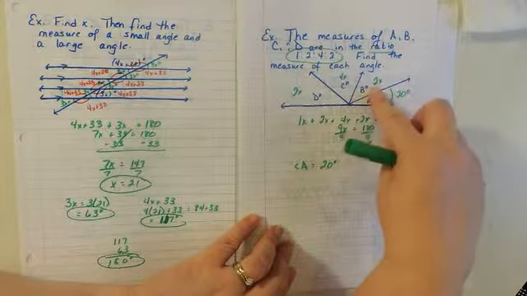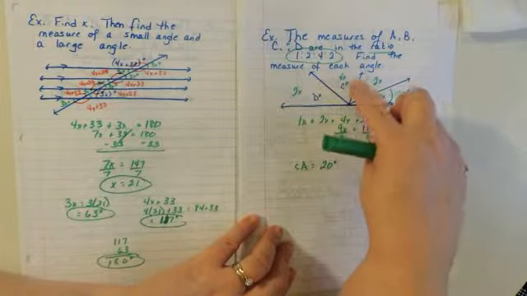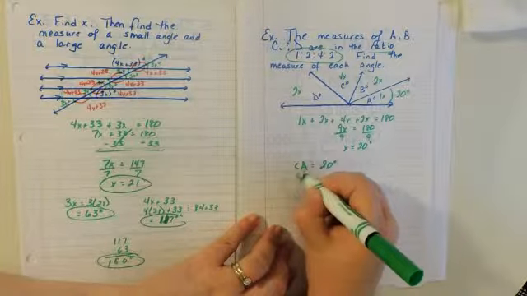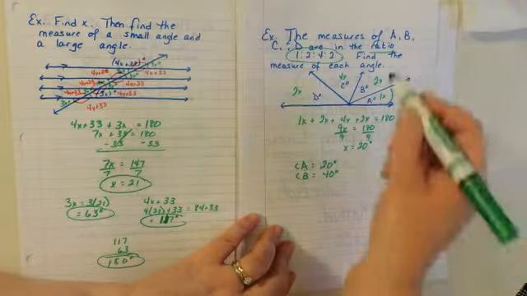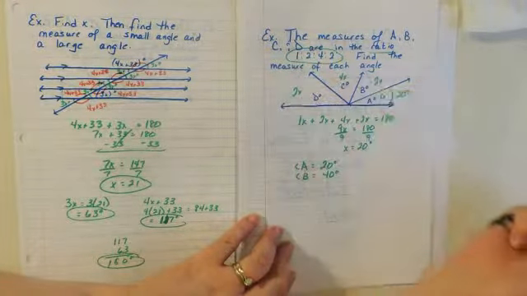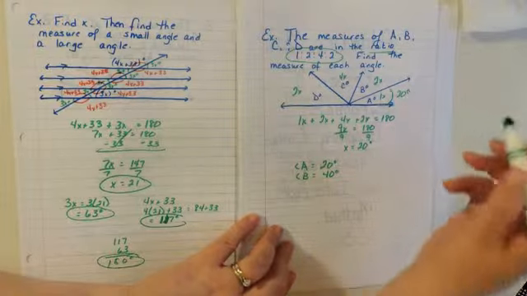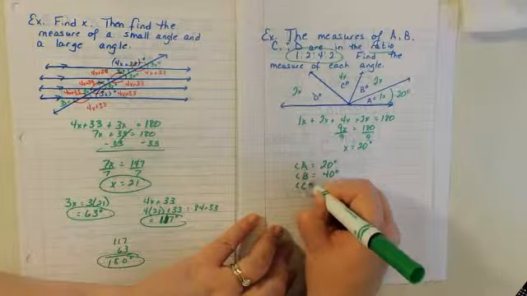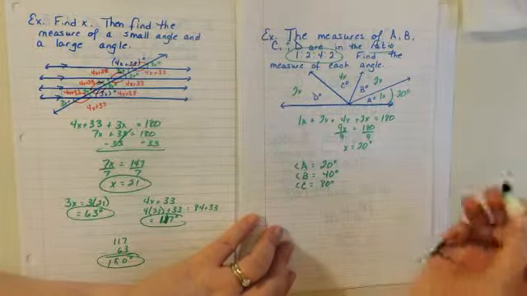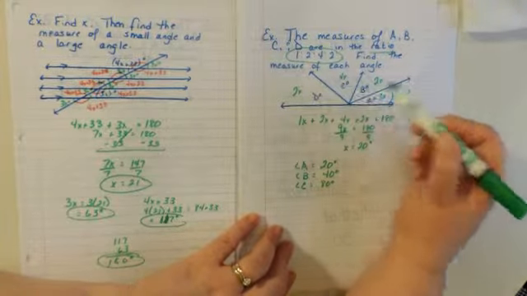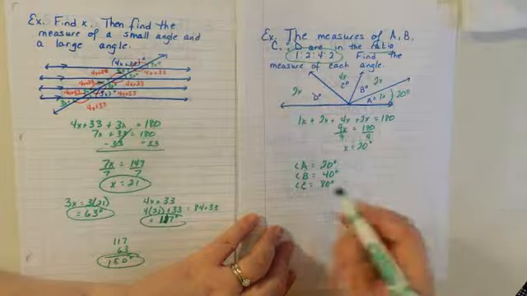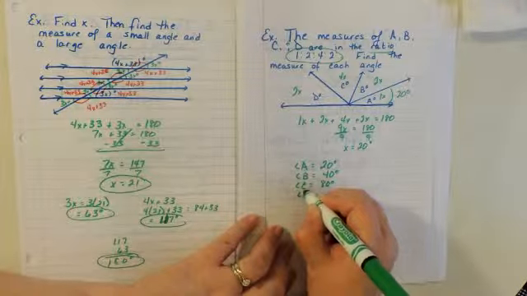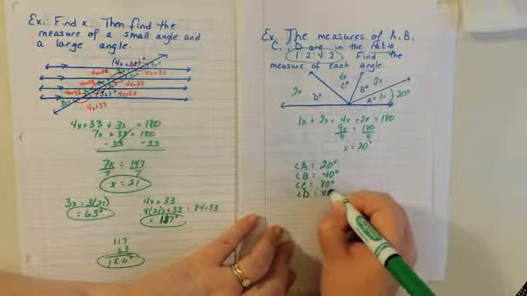B is 2 times x, so it's 2 times 20 degrees. So angle B is 40 degrees. C is 4 times x, or 4 times 20 degrees. So angle C is 80 degrees. And angle D is back to being 2 times x, or 2 times 20 degrees. So angle D is 40 degrees.